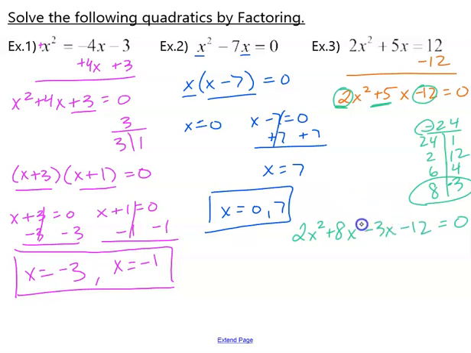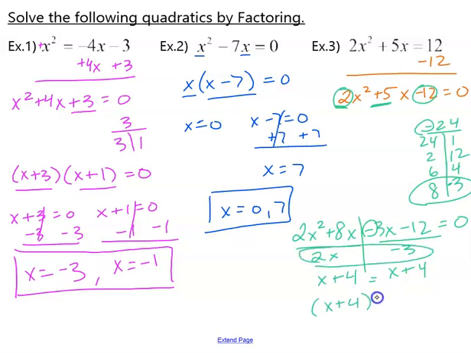So then from here, we can split this up, take out a GCF of 2x, so we're left with x plus 4. Here we're going to take out a GCF of negative 3, so we have x plus 4. Since these two are the same, we're going to take one of those factors, an x plus 4. Then we need to take our GCFs, 2x minus 3, and then we'll finish the rest of the steps.